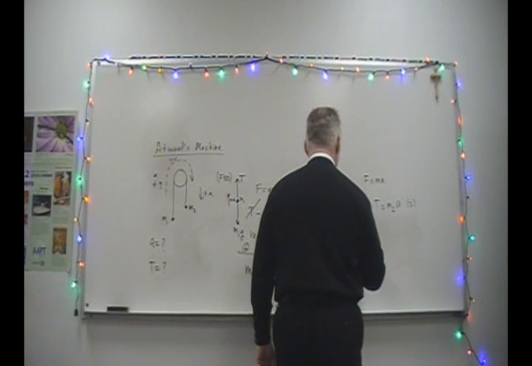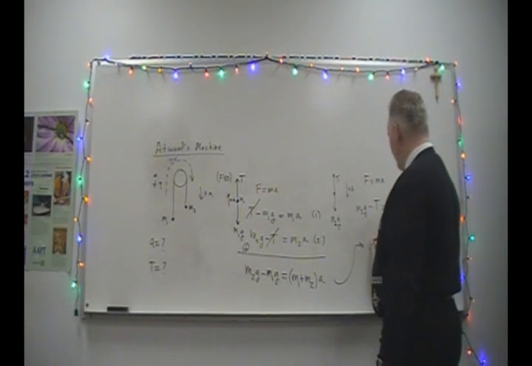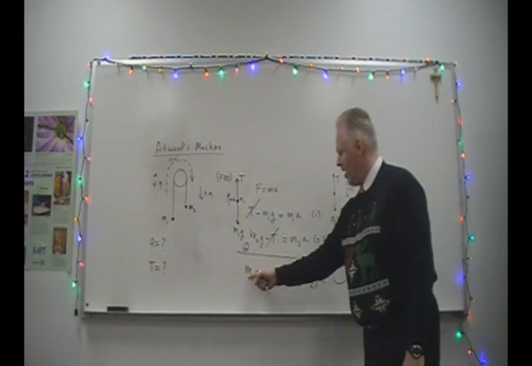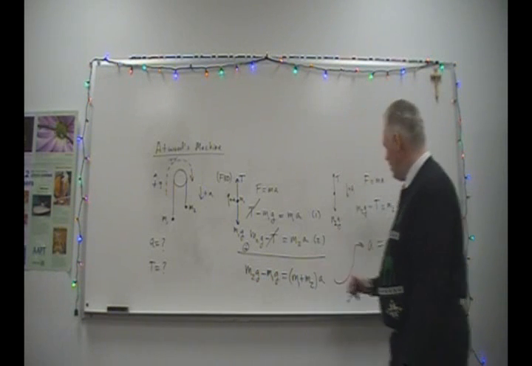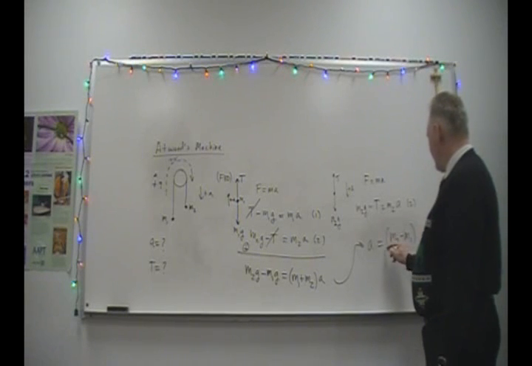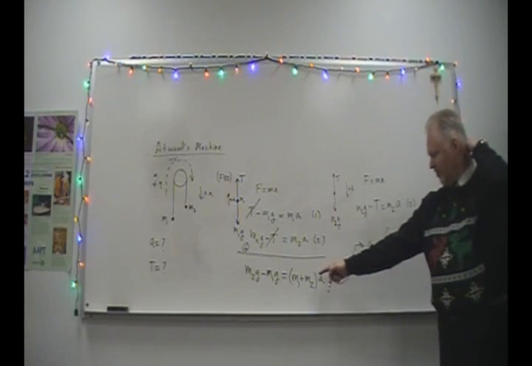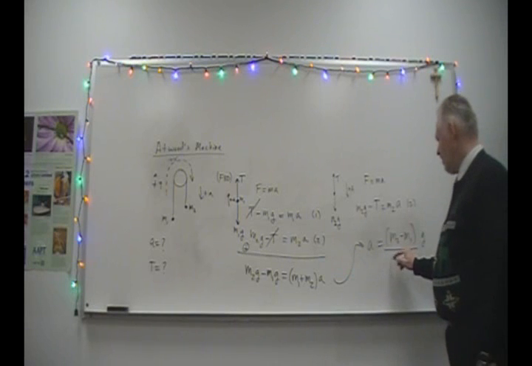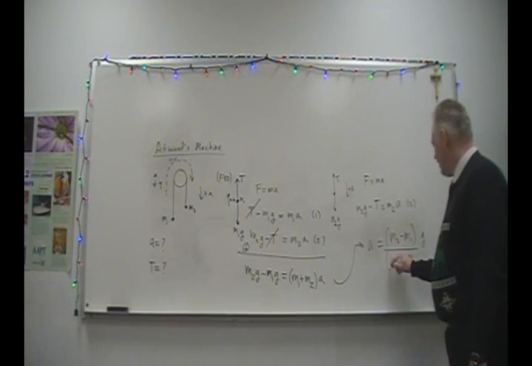And when I do that, what I'll get is a equals m2 minus m1, that whole thing times g, on the top. And on the bottom, I'm going to get m1 plus m2, or I can write it m2 plus m1, but it is a sum.